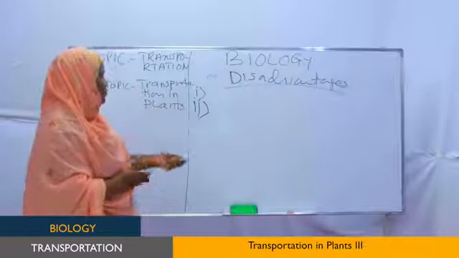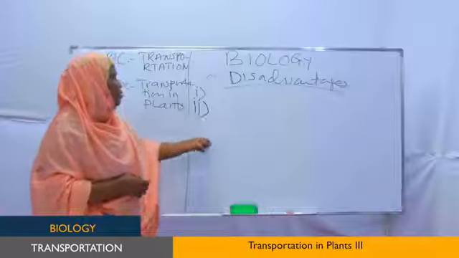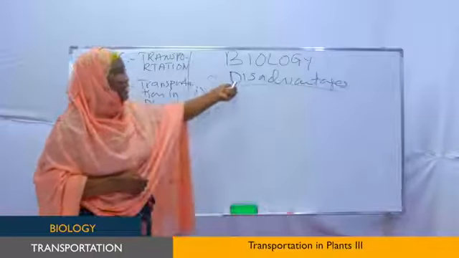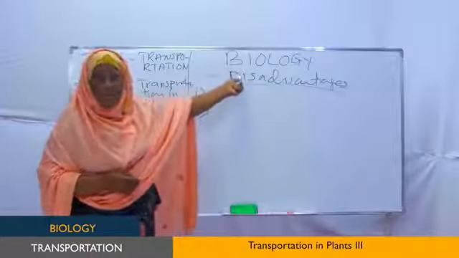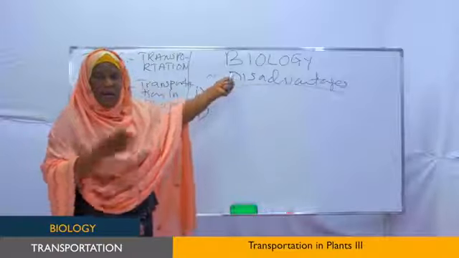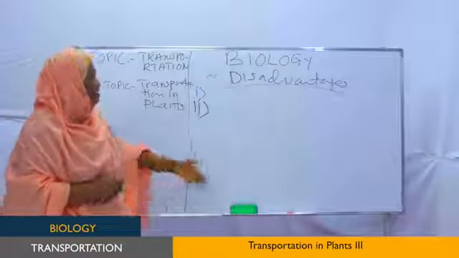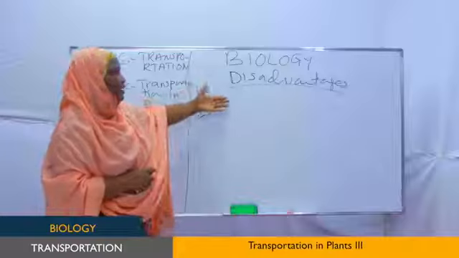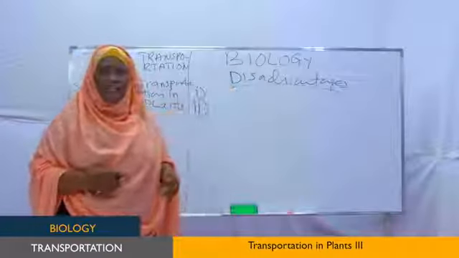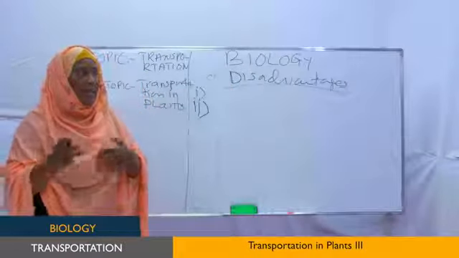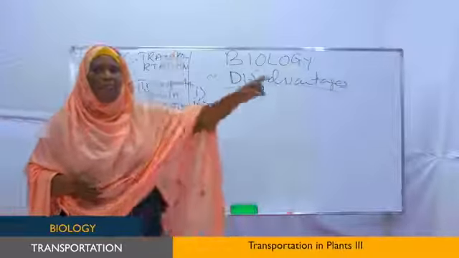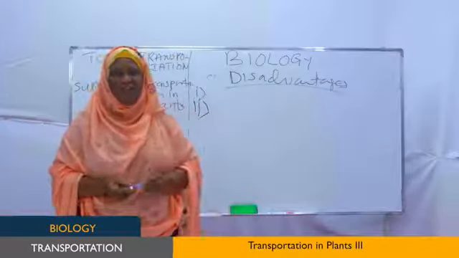From there, you can add more other disadvantages of transpiration. If you can manage to get 5 disadvantages and 5 advantages, it means you are able to answer such a particular question.